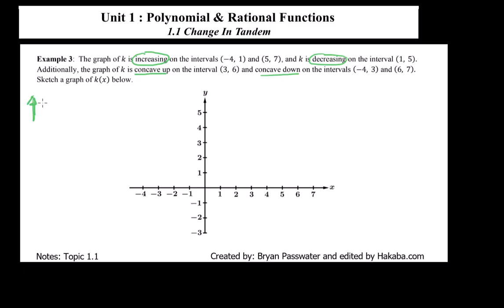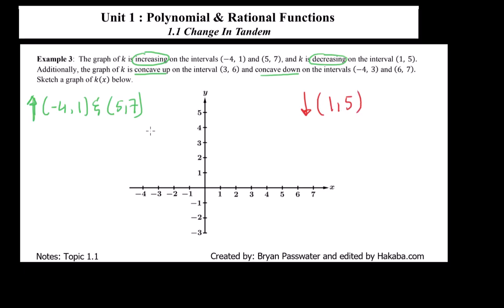So we're increasing. Where are we increasing? From -4 to 1 and from 5 to 7. We are decreasing, and I'll be using the same color so I know what I'm graphing. We're decreasing from 1 to 5.